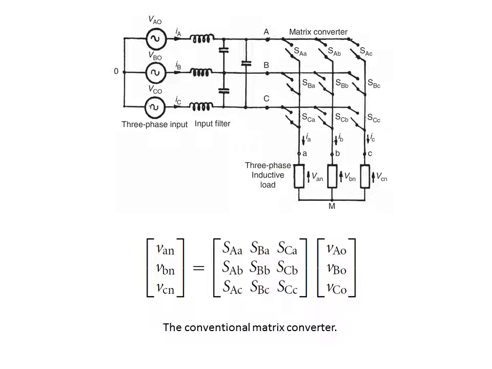It will be represented by a matrix of VAN, VBN, VCN equivalent to a matrix of SAA, SBA, SCA, SAB, SBB, SCB, SAC, SBC, SCC multiplied with a matrix of VAO, VBO, VCO, where VAN equals SAA multiplied with VAO plus SBA multiplied with VBO plus SCA multiplied with VCO, and so on for VBN and VCN.